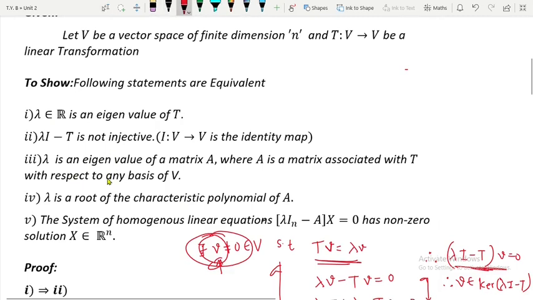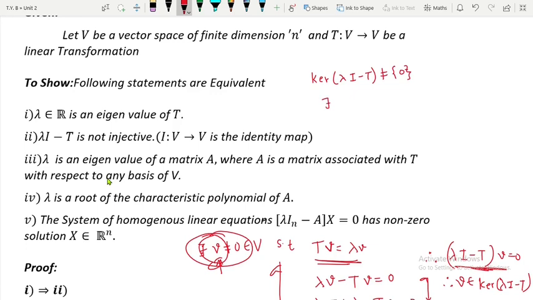We are going to follow the same path as the previous part. Since it is not injective, I can say that the kernel of lambda I minus T will not be equal to singleton 0, since the result was if and only if.